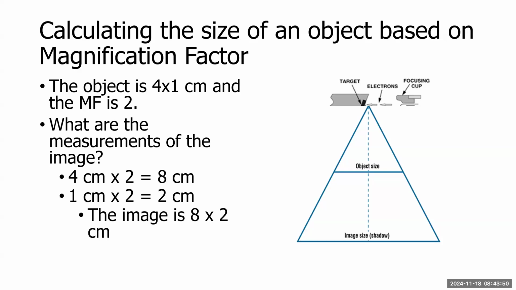Really all you're saying here is the object is magnified in both directions, by a factor of 2 in this case. So we just multiply 4 times 2 and 1 times 2 and get 8 by 2. Easy, right? Seems too simple, but that's all there is to it.